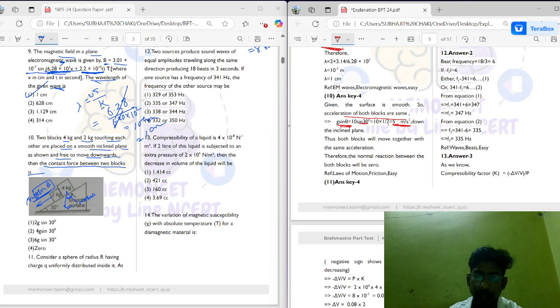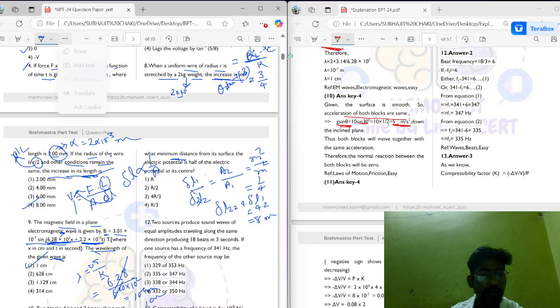Consider a sphere of radius r having a charge q uniformly distributed inside it. At a minimum distance from its surface, the electric potential is half the electric potential at its center. This is a pretty simple thing.